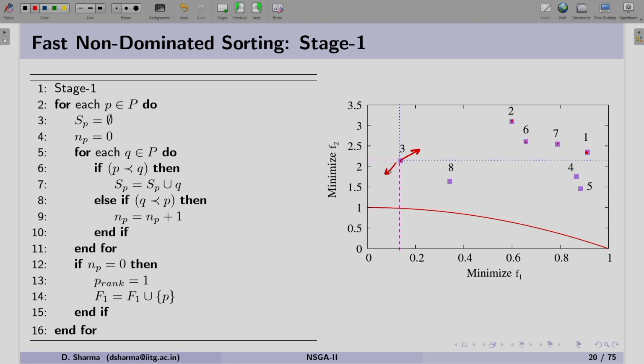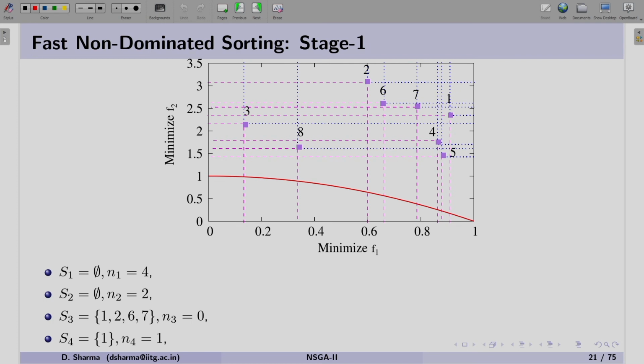So by following step number 7 and 9 in stage 1, we will get to know that S3 is now made of 1, 2, 6, 7. Why? Because these are the solutions dominated by solution 3. N3 is equal to 0, meaning that solution 3 is not dominated by any solution in the current population.